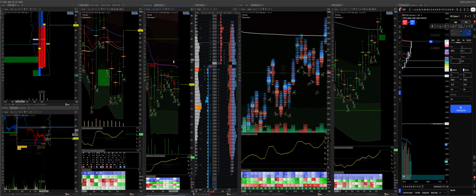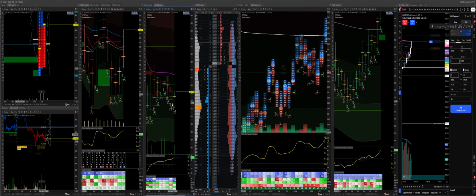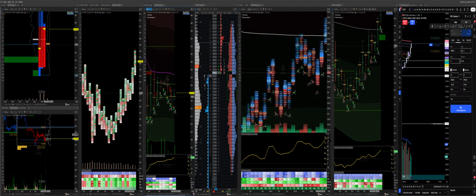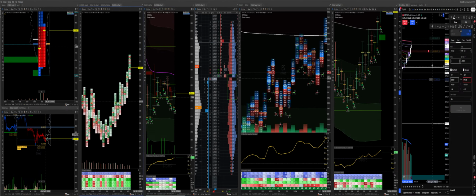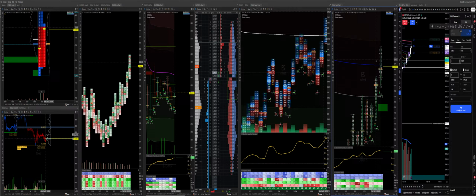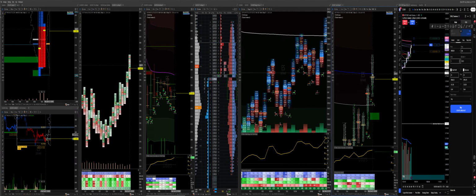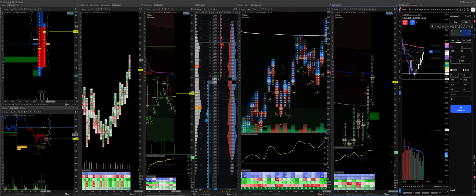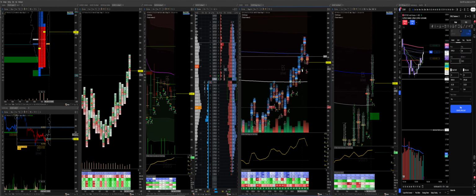Weekly tab. Swap. Okay. 25. This is not bad.